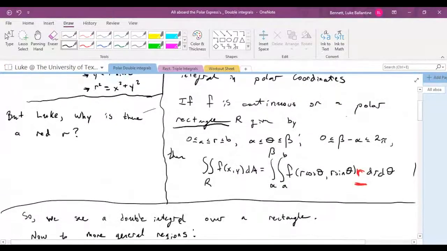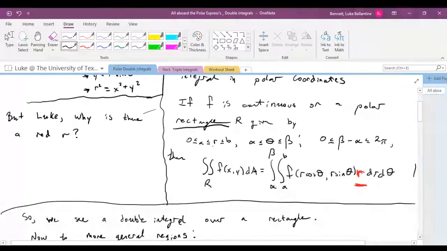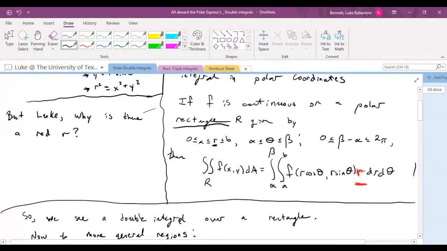Let's look at what we have to do. If f is continuous on a polar rectangle R given by the radius r lies in between a and b with a greater than or equal to 0, and theta lies in between alpha and beta with the difference beta minus alpha lying in between 0 and 2 pi, then the double integral over R of f of x y dA is equal to this animal, the double integral from alpha to beta, a to b, of f of r cosine theta, r sine theta, since we replace x with r cosine theta and y with r sine theta.